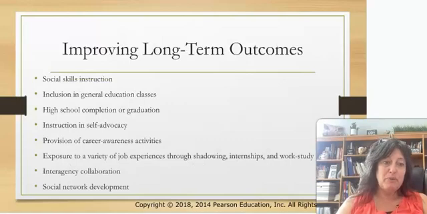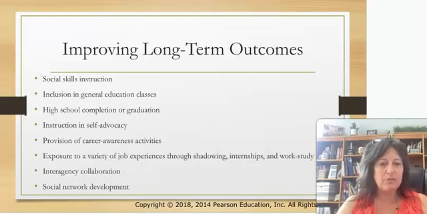But what do we do to improve this? Because this is not okay. We want these kids to succeed. So social skills instruction, how to interact in society, how it is appropriate to behave, including them in general education classrooms so they can model the behavior of those around them and see how it is they need to behave. High school completion or graduation, support them through that.